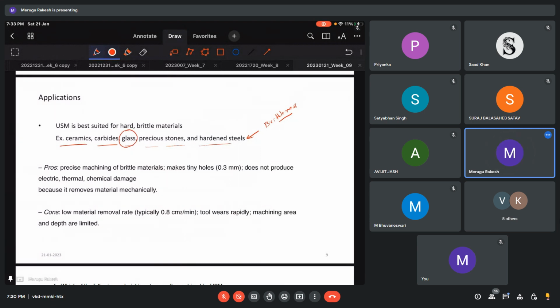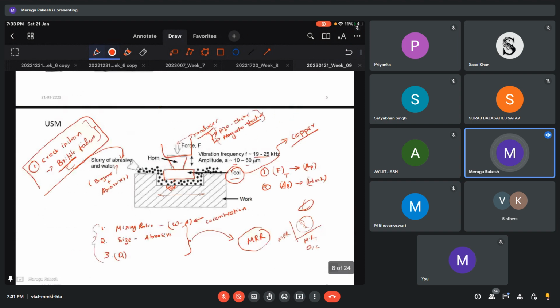Then there are two pros and cons. Typically it has a low material removal rate. I am comparing with the conventional process. The tool wears rapidly, and machining area and depth are limited. One more thing: in this setup, if I want to change the tool, you might be familiar with forming examples where the die is very costly, so we have to think about redesigning anytime.